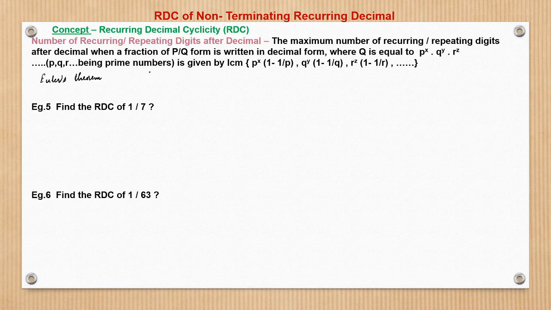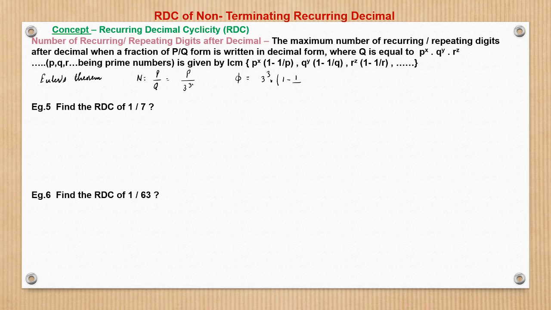So here we say that if any number is in the form of p by q, where p is the numerator, irrespective of whatever the numerator is, say q is 3 raised to power, say, 3. Then the cyclicity of the digits after the decimal would be given by the denominator, 3 raised to power 3 into 1 minus 1 by 3.